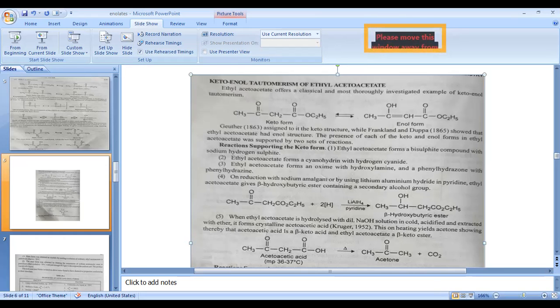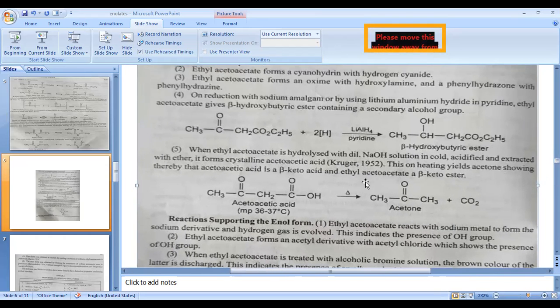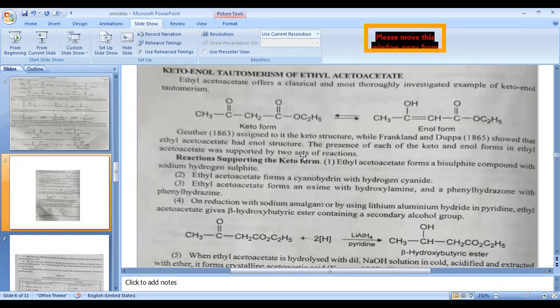So we see here, this is the keto form of acetoacetic ester. This is the enol form of acetoacetic ester. Okay, this is the keto form, with the ketonic group. This is the enolic form of acetoacetic ester.